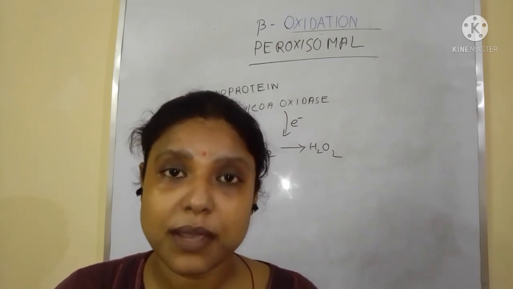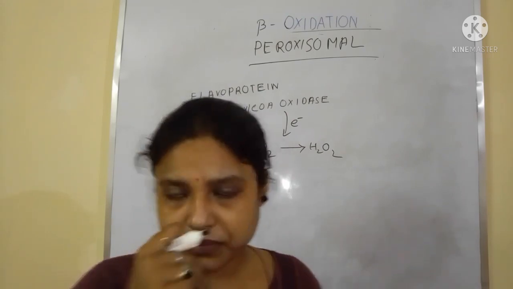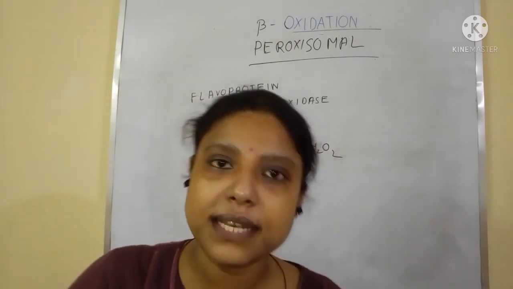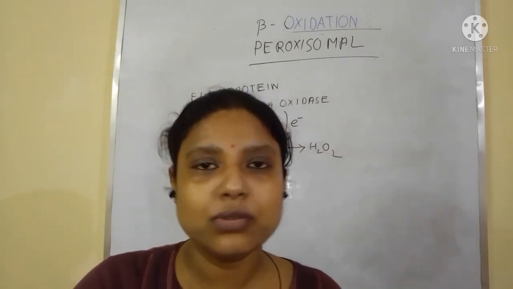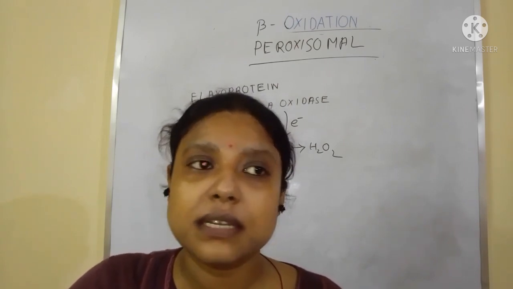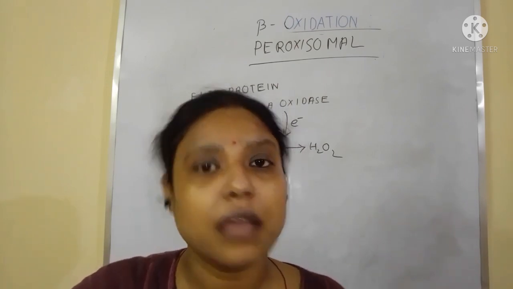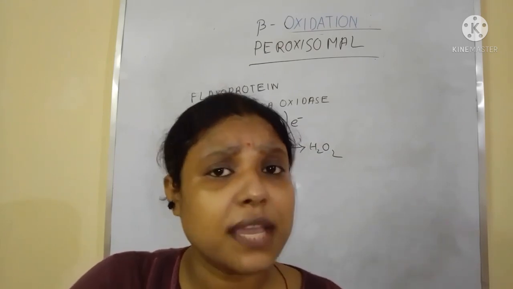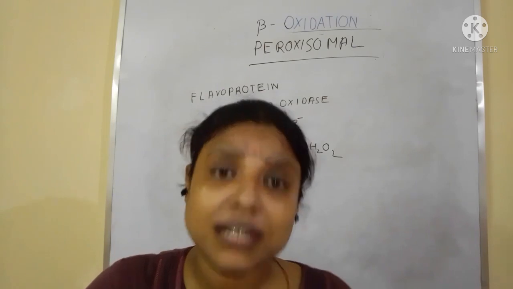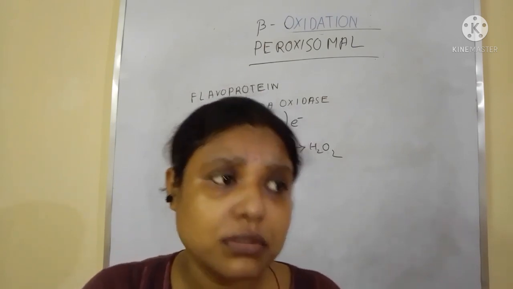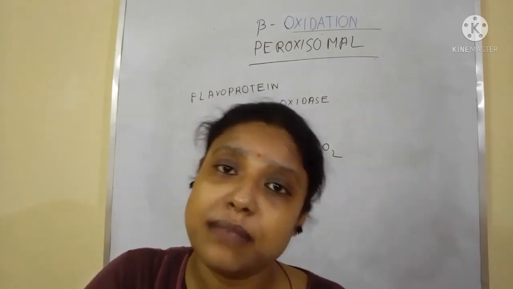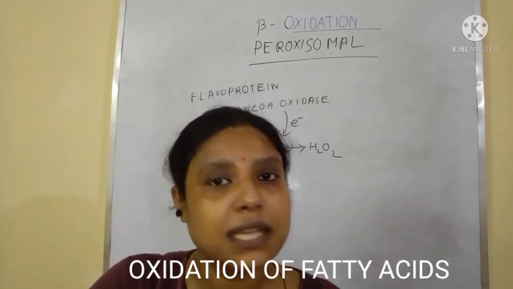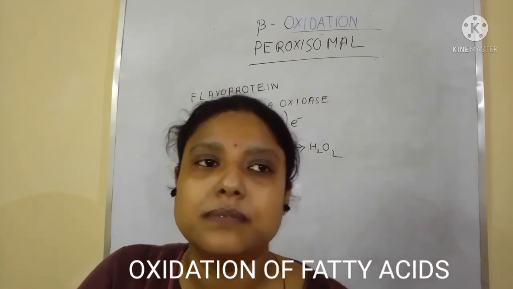I made that video elaborately and did not include it here, and these are just related topics about the beta oxidation of fatty acid chains. First you check what beta oxidation is and how it occurs in the mitochondrial membrane, and then you see this video, then you can easily understand what is occurring.